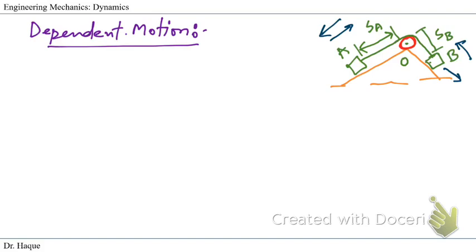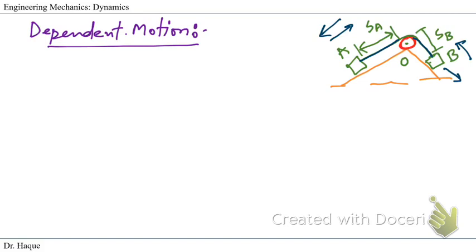So to find how to relate the dependent motion, let's start with what is common or fixed between these two objects, since they are tied with one rope. So let's think, what is the length of this rope?